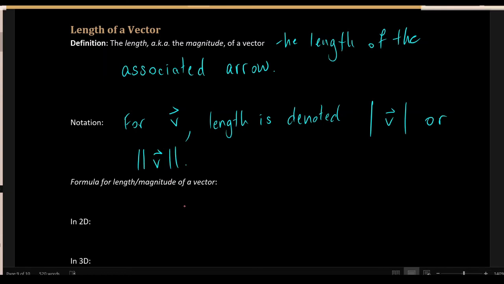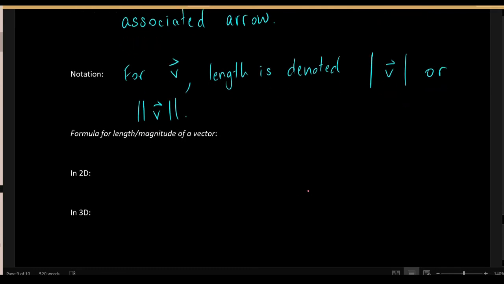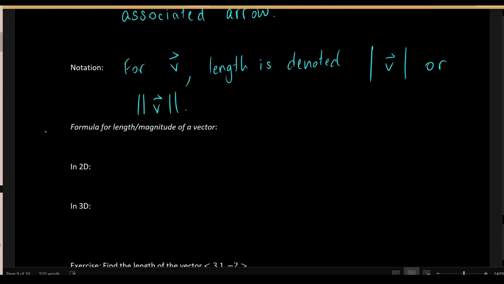Now, in the previous video, we actually practiced calculating the length of a vector using the distance formulas in 2D and 3-dimensional space. It always worked out to be exactly the same thing as if we took the components, squared them, added them together, and then took the square root of the result.